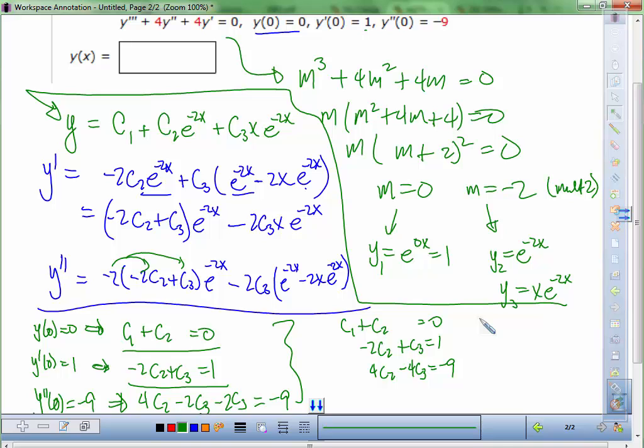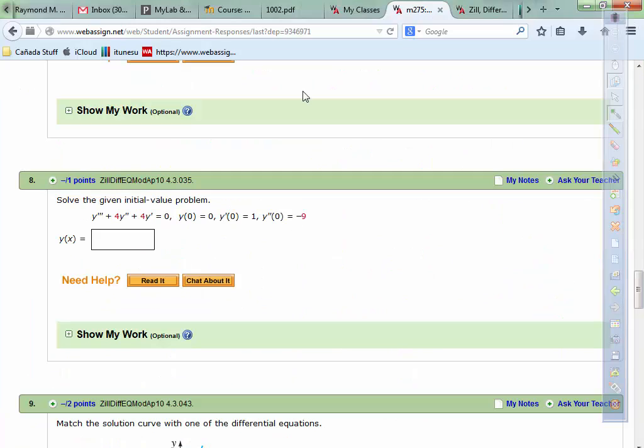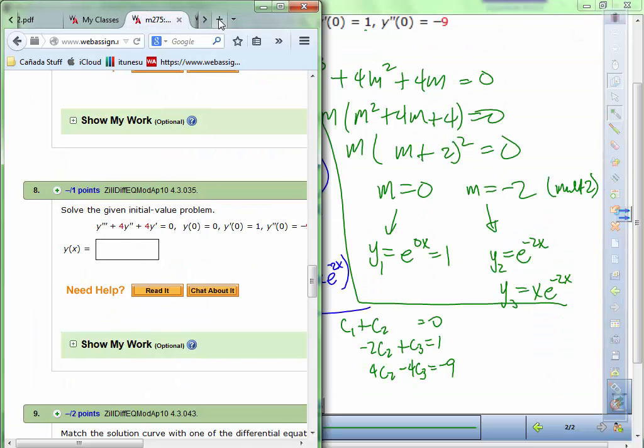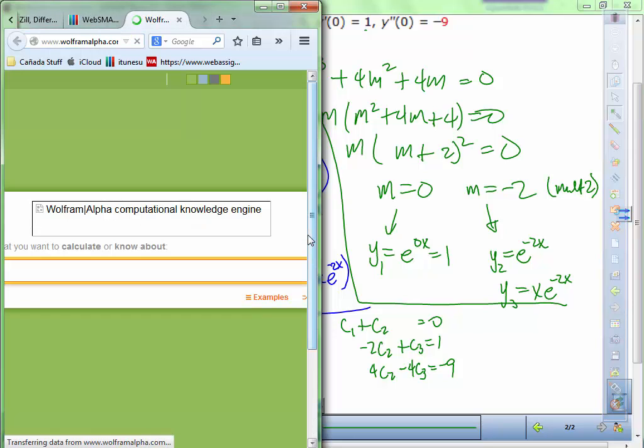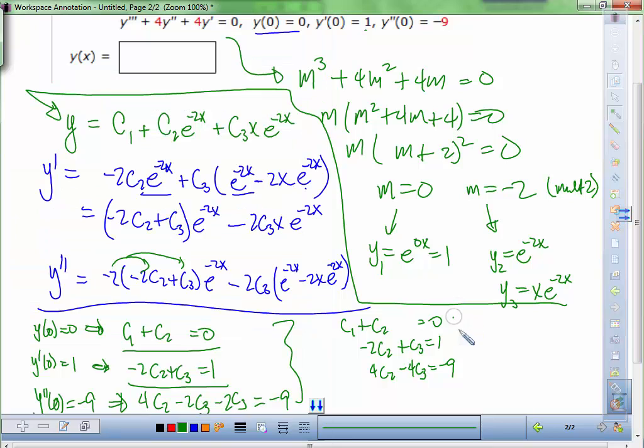And can I just punch it in the calculator? So the matrix that I would probably be looking at would be 1, 1, 0, 0; 0, -2, 1, 1; 0, 4, -4, -9.